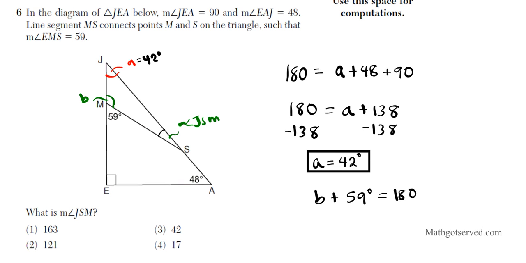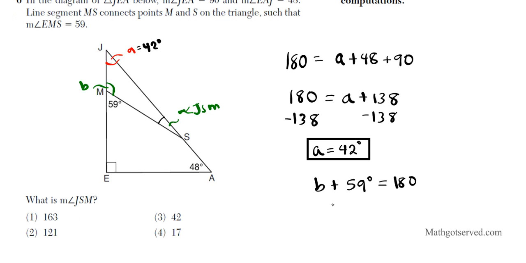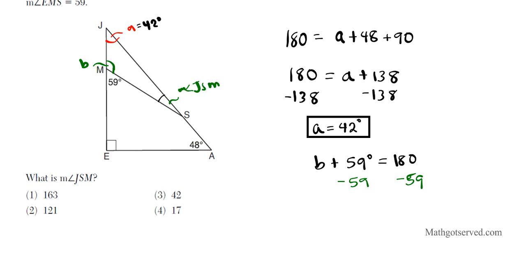So B is simply what I get when I subtract 59 from both sides, and I end up with angle B being 121 degrees. Okay, so this angle right here is 121.